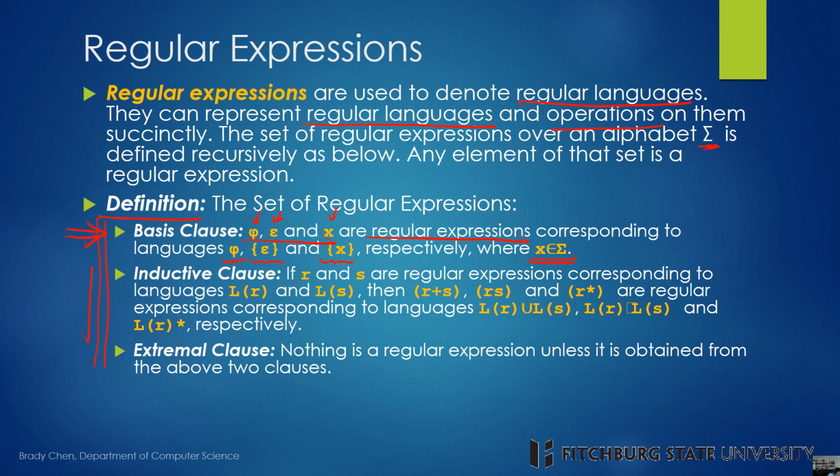So if R and S are regular expressions corresponding to languages L(R) and L(S), then R plus S, that's basically the union, RS, that's concatenation, and R star, that's Kleene star, are regular expressions corresponding to the languages L(R) union L(S), L(R) concatenated with L(S), and L(R) star, respectively.